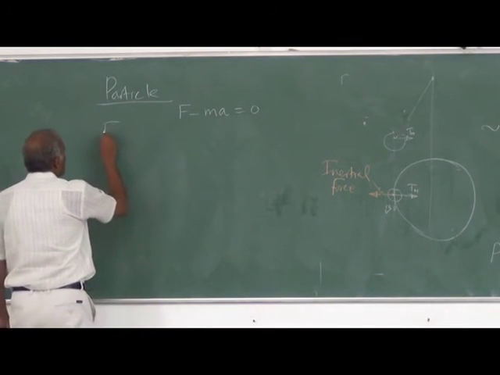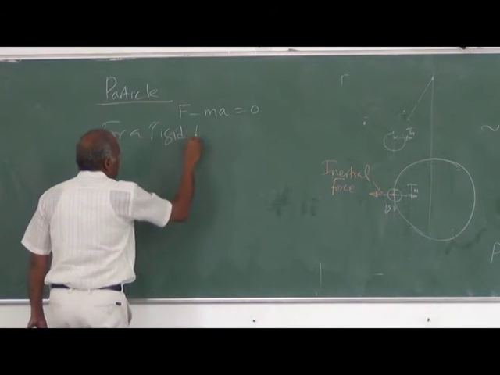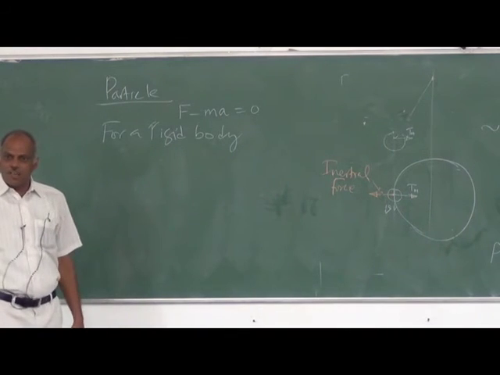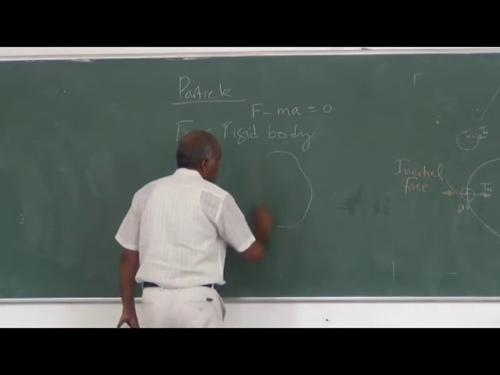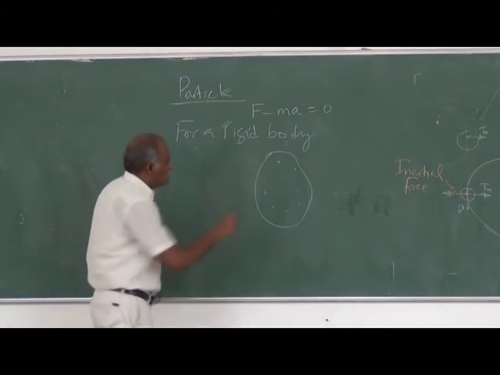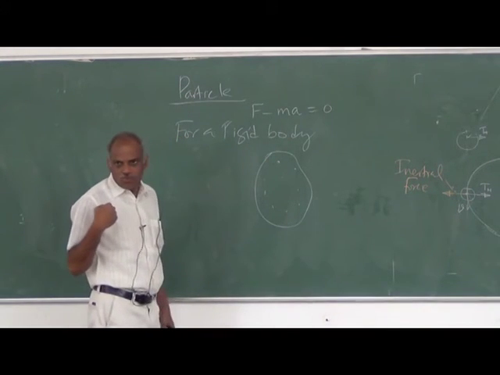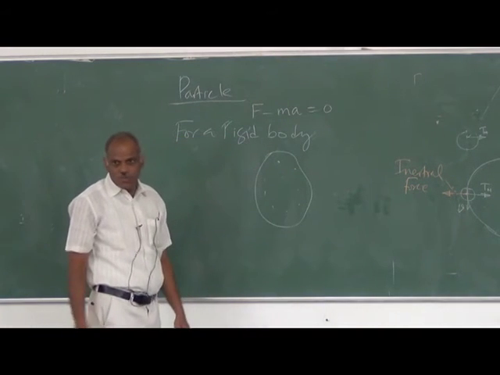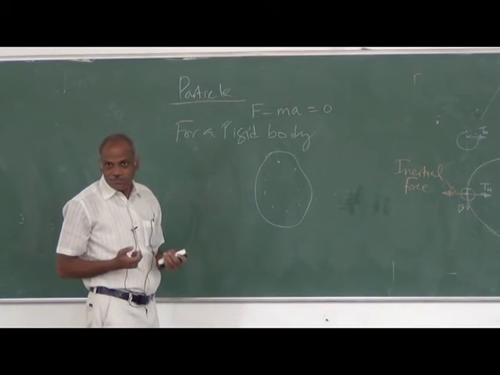For a rigid body, the mass is not concentrated. Each particle will have its own mass, because if you take a body, you can think of a number of particles, a system of particles over here. Each particle has its own mass and will produce an inertial force. What you have to look at is the sum of the inertial forces, and where it will act, we do not know.